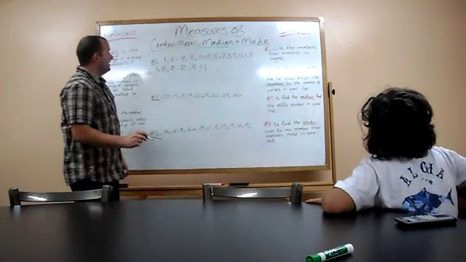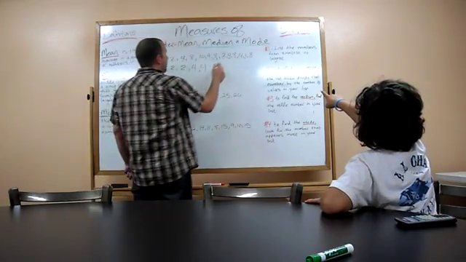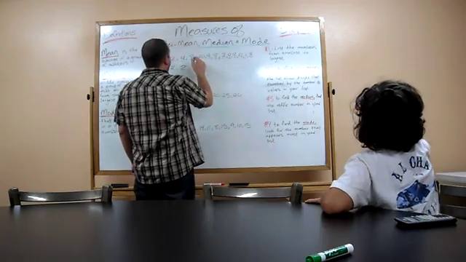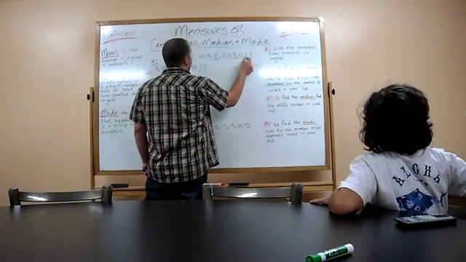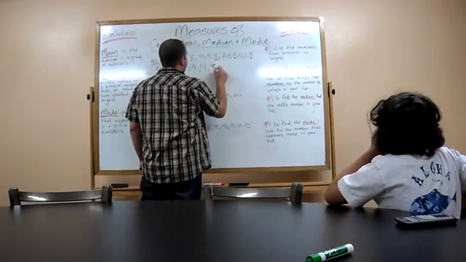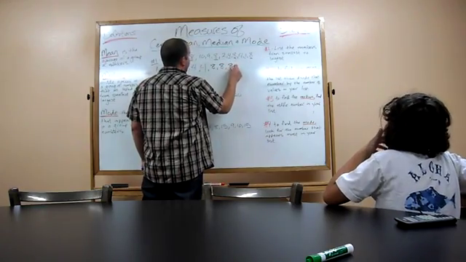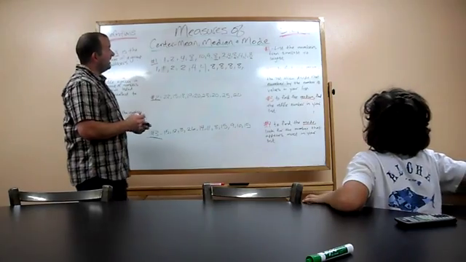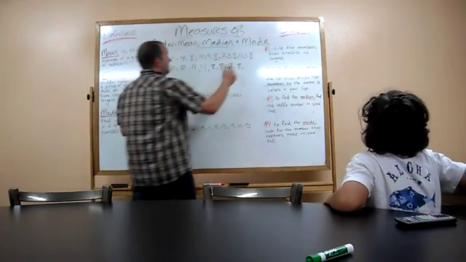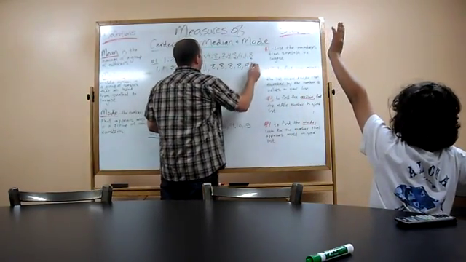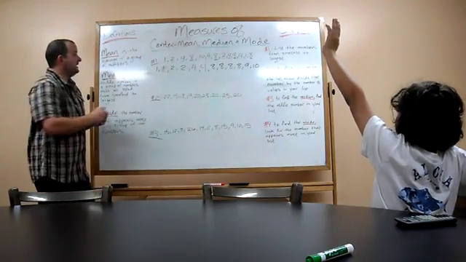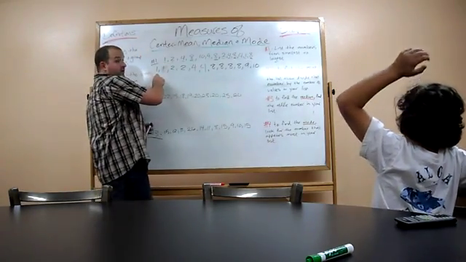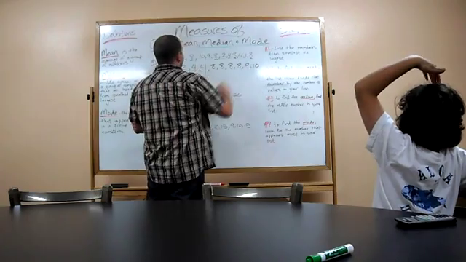Then our next number would be 8. We have 1, 2, 3, 4 eights. Then we have 1 number 9 and 1 number 10. Alright, so that's our first step. As you can see, my numbers go from smallest, from 1s, all the way to number 10.